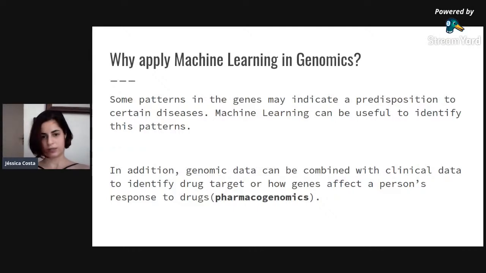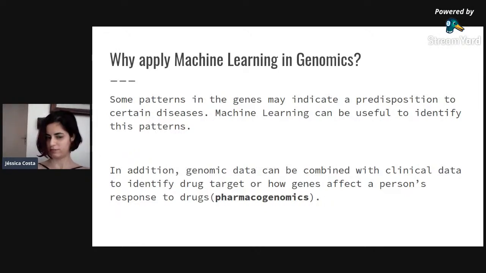Some patterns in the genes may indicate a predisposition to certain diseases. An example is the BRCA gene, about breast cancer. There is a lot of research about BRCA genes to find treatments, to find predisposition in some people. Machine learning can be useful to identify these patterns.